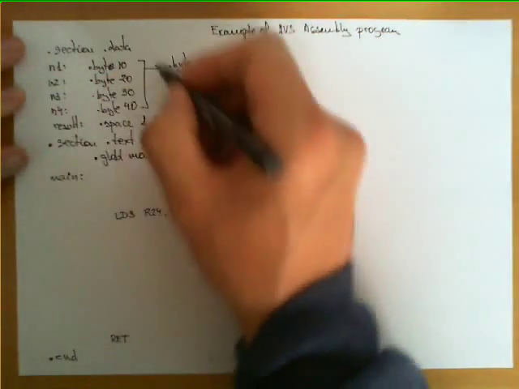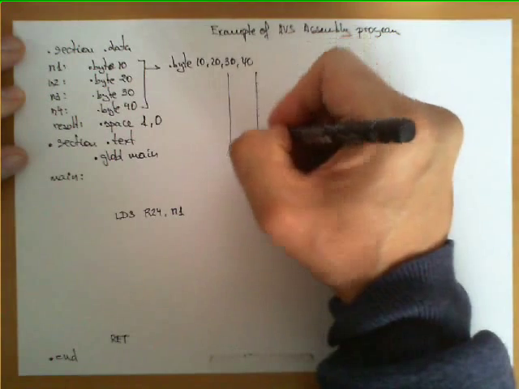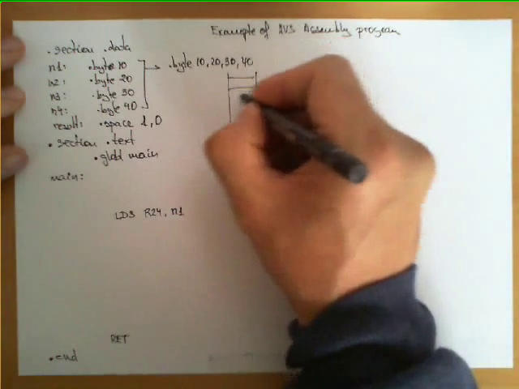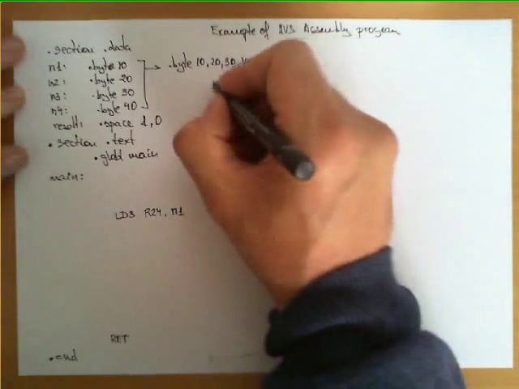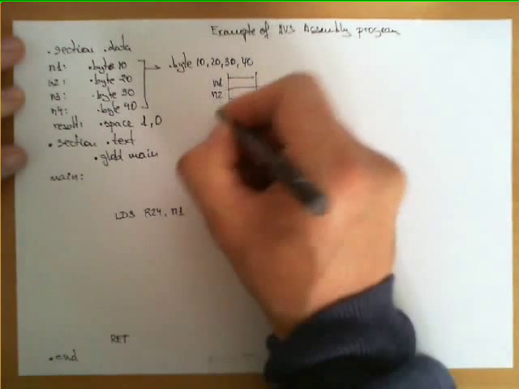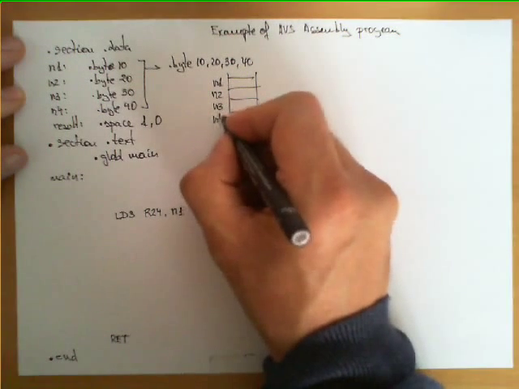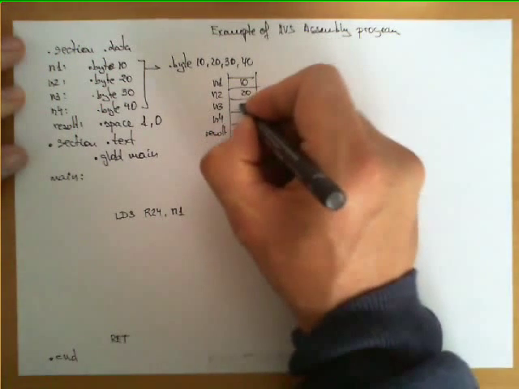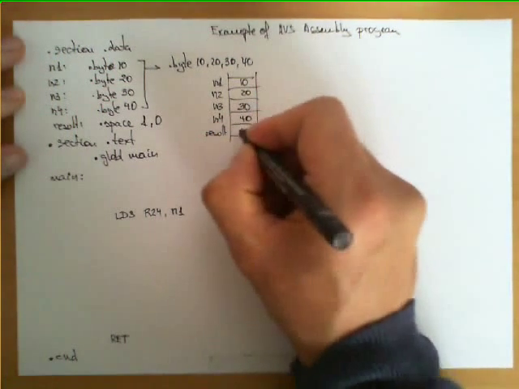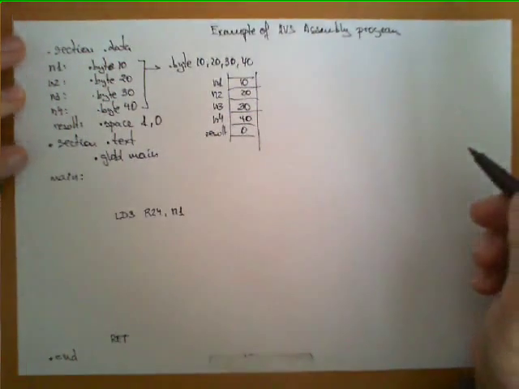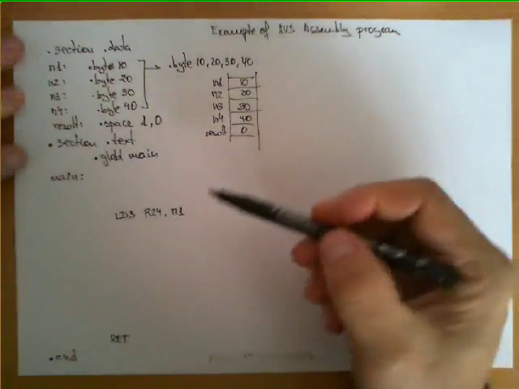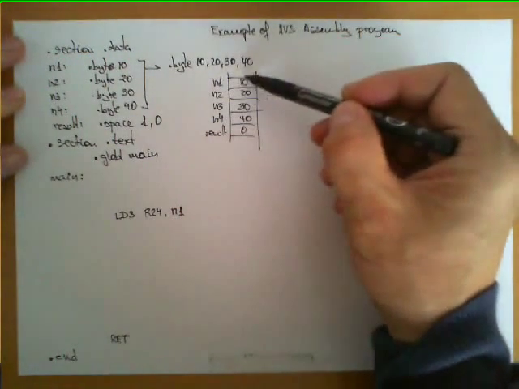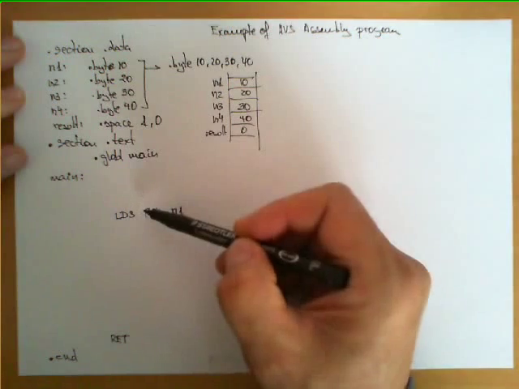Another way of looking at it, this directive actually translates into memory in something like this. This is position N1, N2, N3, N4, and result. And we have the values 10, 20, 30, and 40 here, and a 0 here waiting for the result to be stored. Now this instruction would take the value pointed to by N1, number 10, and load it into R24.